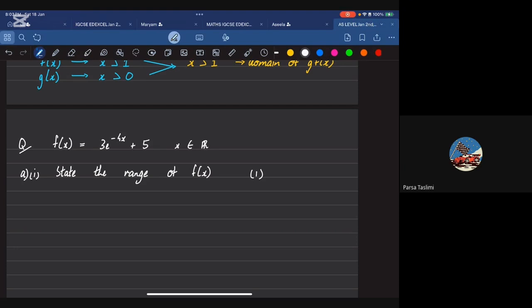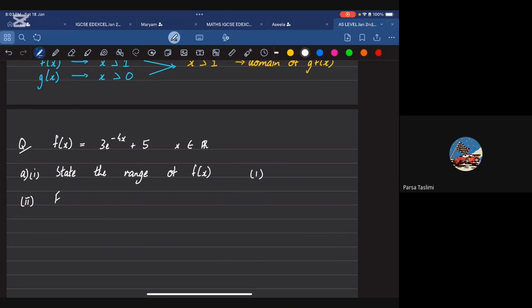Because for a 1 mark question, he's not going to give you a lot of working. And it's also saying state. Usually it says find, solve, work out. This time around, they're just saying state. So that also means that the examiner is just asking you to write down the correct answer. He is not asking for an explanation.